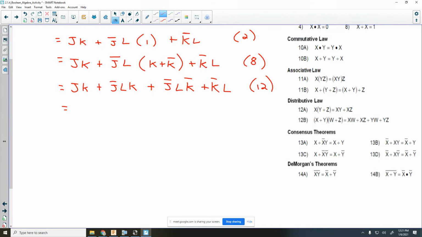So now what can I do? I can factor out of the first 2, I can factor out a K. And if I take out a K, I've got J or J naught L. And that's rule number 12.